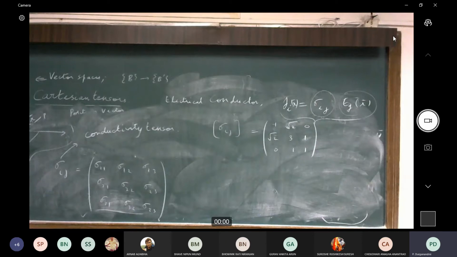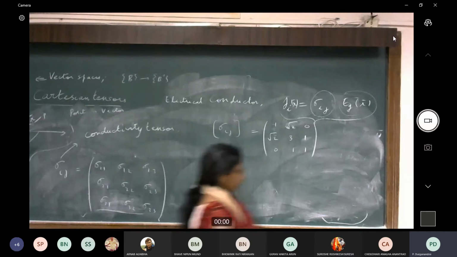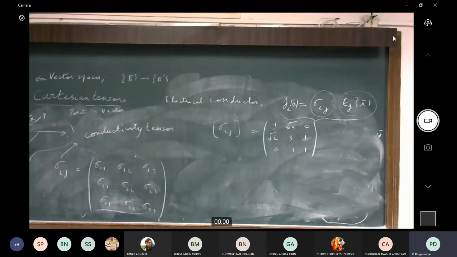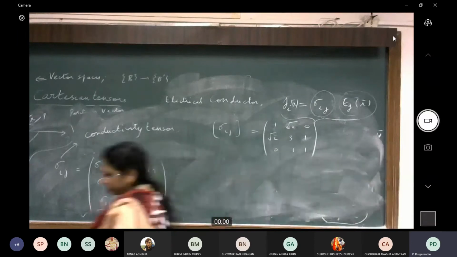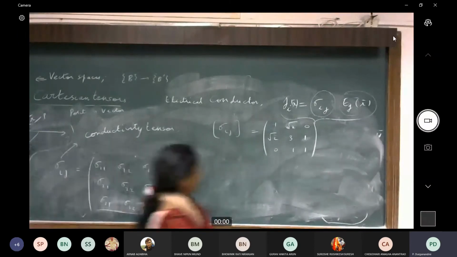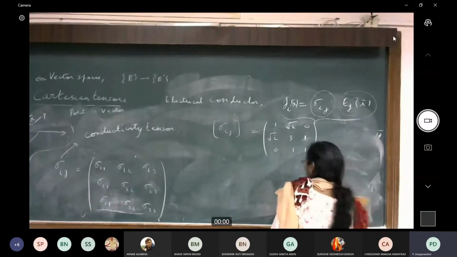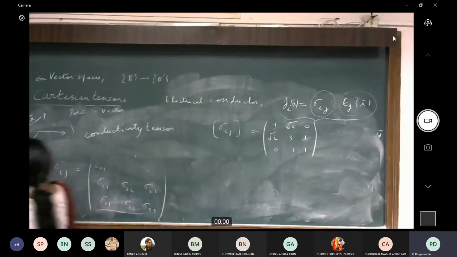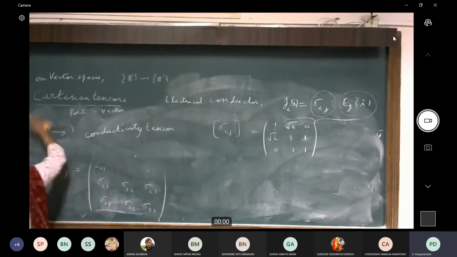Now what you do is show that there is one particular direction. So I'm going to ask you the following. I've given you this. Now I'm going to state to you that you show that there is one particular direction. Obviously, when I've done this, it's with respect to some particular choice of coordinate axis. So people have taken your material, chosen a certain coordinate axis and done the measurements.